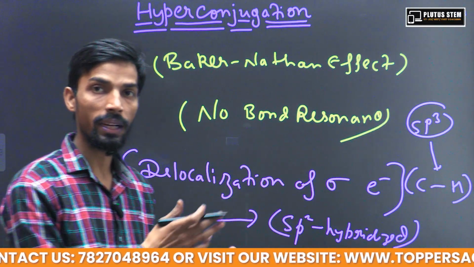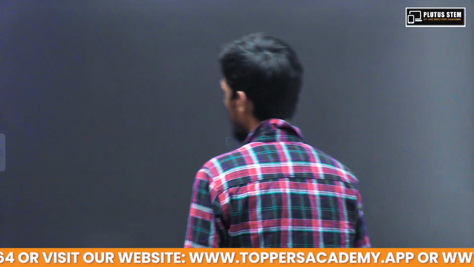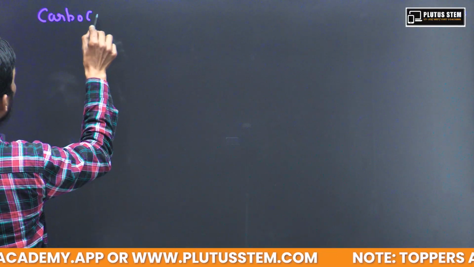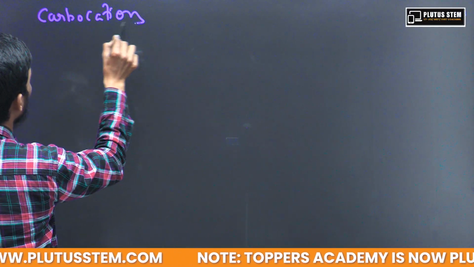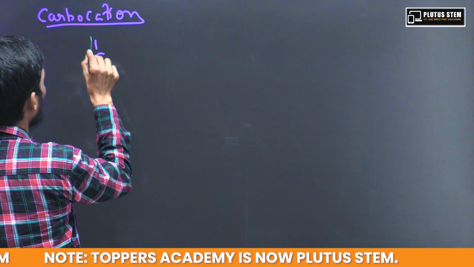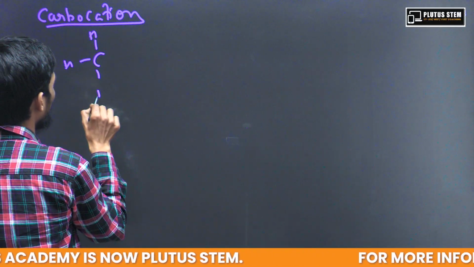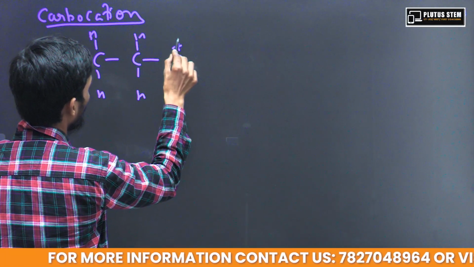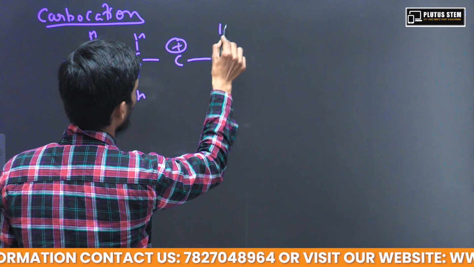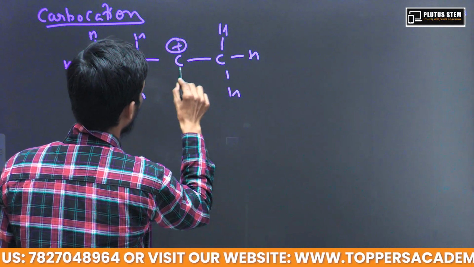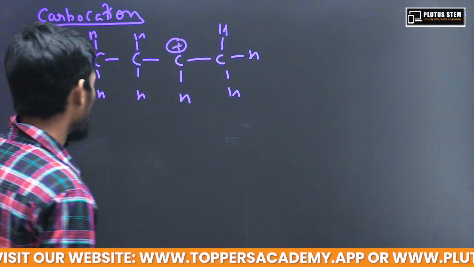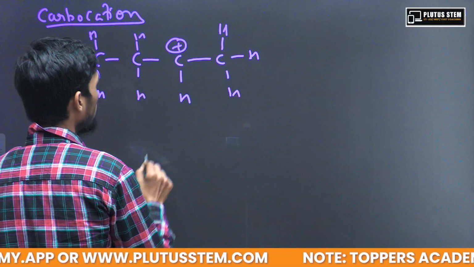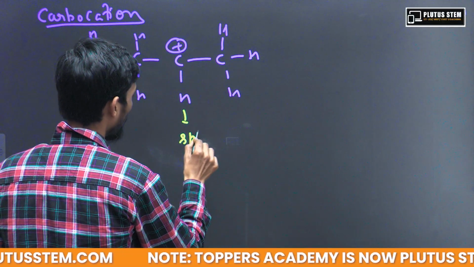So how this whole phenomenon takes place, we are going to see. Let's take an example of a carbocation. If we are having a compound like this, this is a carbocation and it is sp2 hybridized.